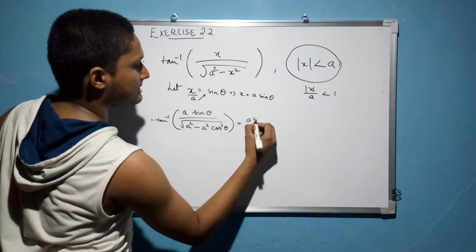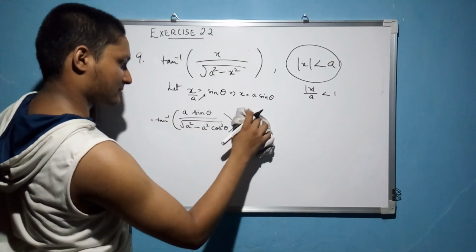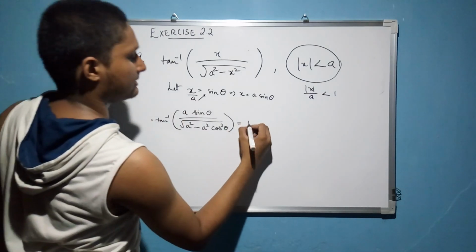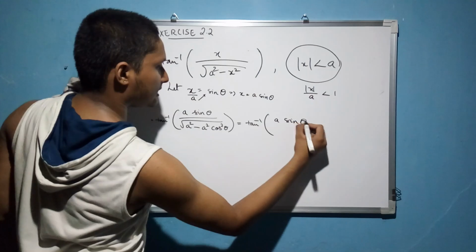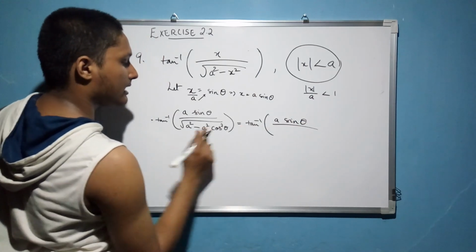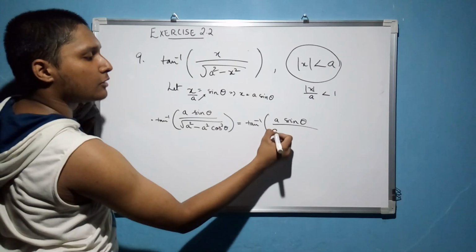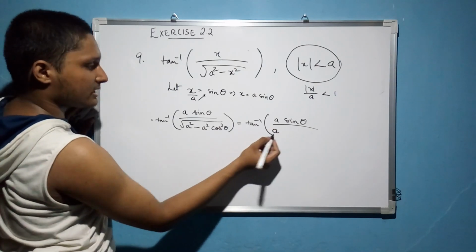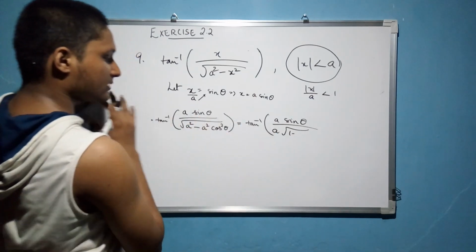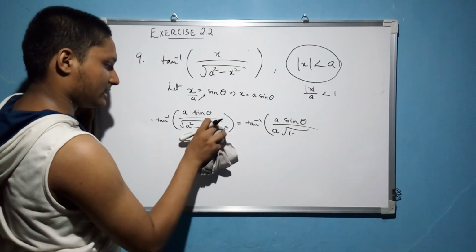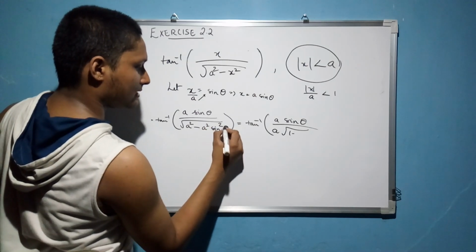Okay, tan inverse is there. Now it is a sin theta divided by, a square is common. If I take a square common out of the root sign, a comes out, and what remains is 1 minus, okay, it was sine square, right? Why have I written cos square here? Sine square theta.